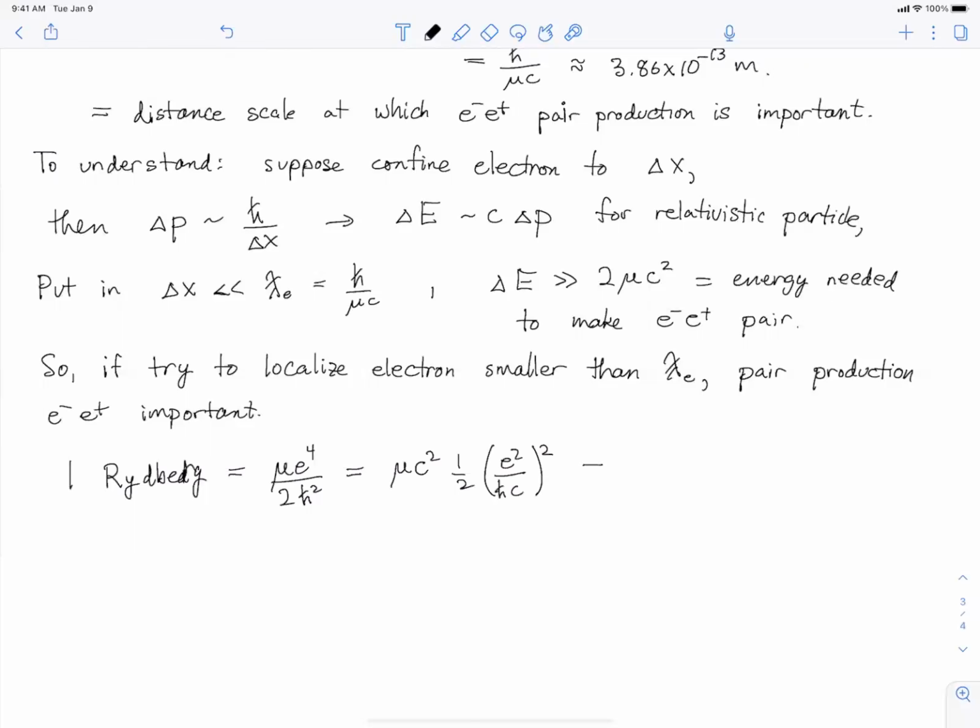Okay, so the rest energy of the electron is 0.511 MeV. And then there's the 1/2. And then this right here is the alpha squared. Okay, so this is the rest energy of the electron.